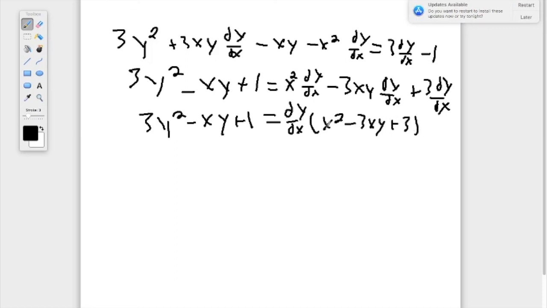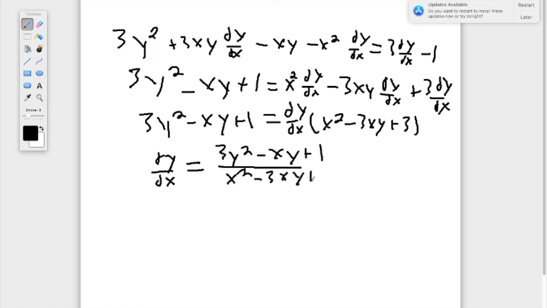So now to isolate the dy dx, I'm going to divide both sides by x squared minus 3xy plus 3. So you get a final answer of dy over dx equals 3y squared minus xy plus 1 over x squared minus 3xy plus 3.